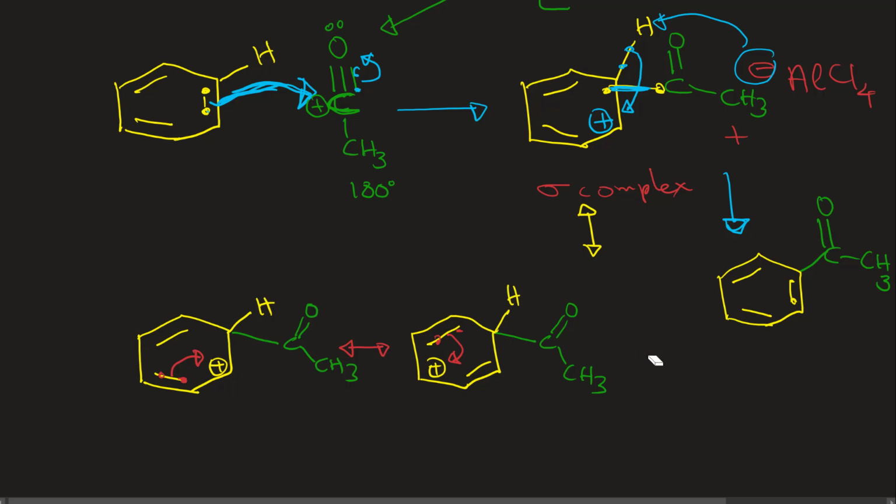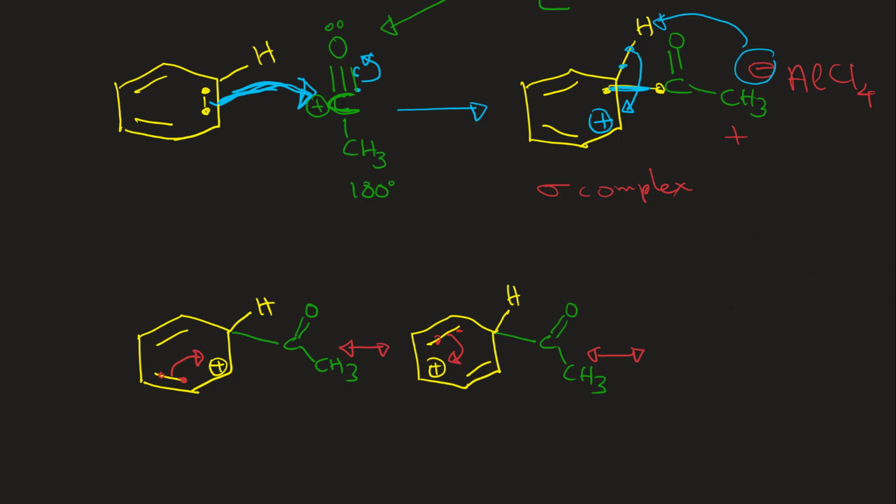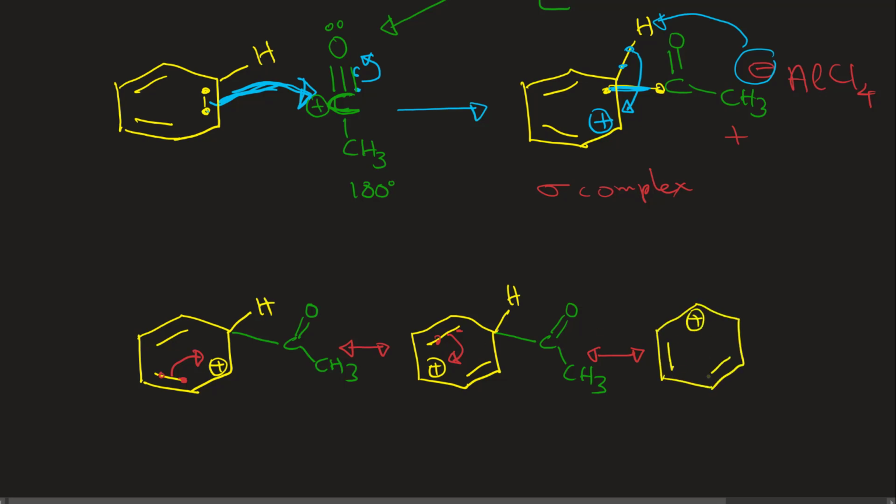So again, we're going to redraw this one here. Get rid of the final product for now, we can put it back. Need some more space here. Now the positive moved onto the top of the benzene ring, and you have the other pi bonds we didn't touch, the hydrogen still there, and the carbonyl functionality, the green one, still there. So now we have gone through all three resonance structures.